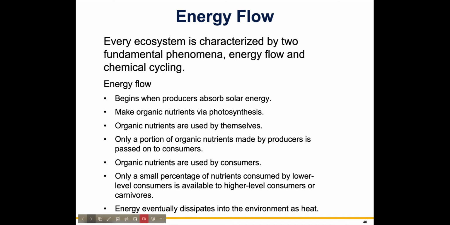And then we can have a higher level consumer that eats the thing that ate the producer. And again, even then, only a small amount. We're going to say about 10% of the energy moves on. And eventually, we run out of energy to move on, and it's just dissipating to the environment as heat.